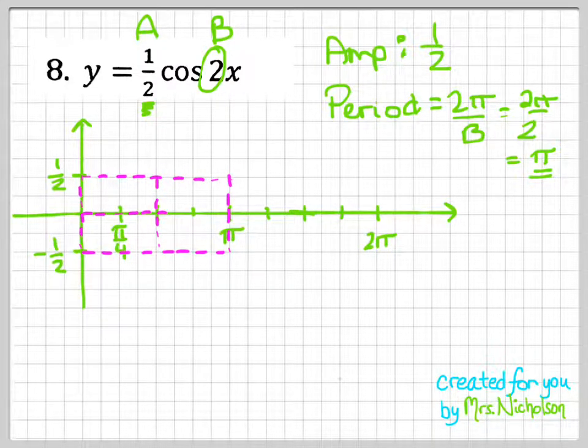All right, again, I'm graphing cosine. And cosine normally starts at the top of the window pane. So we're going to start at the top. It's going to cross the middle, reach the minimum, back to the middle, and back to the top by the end of the window pane. And I'll do one more cycle.